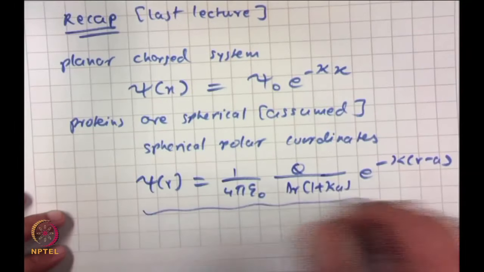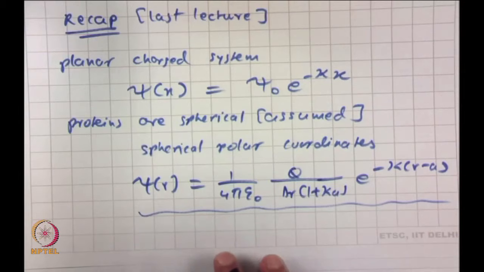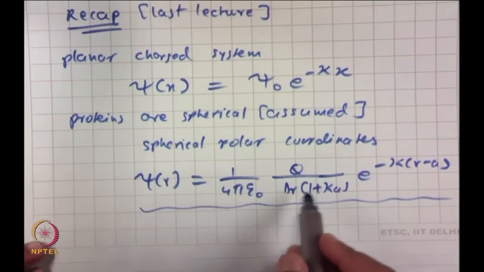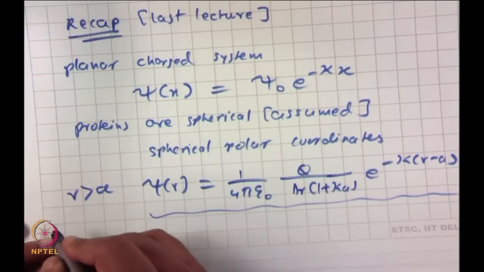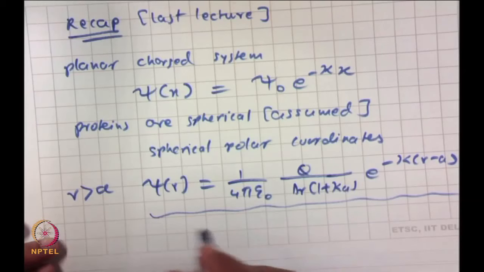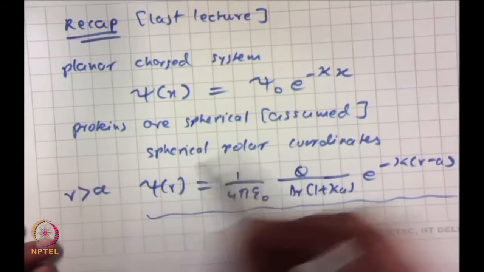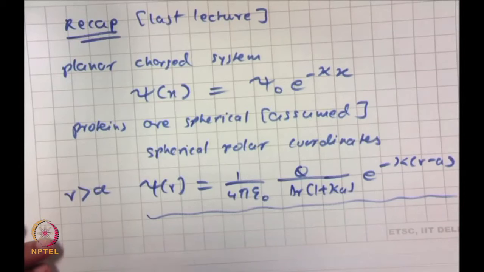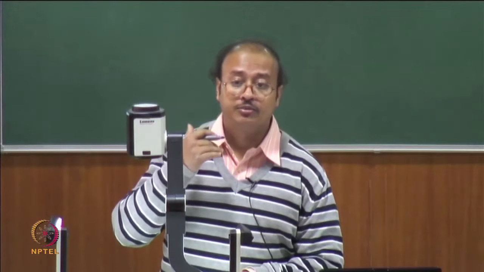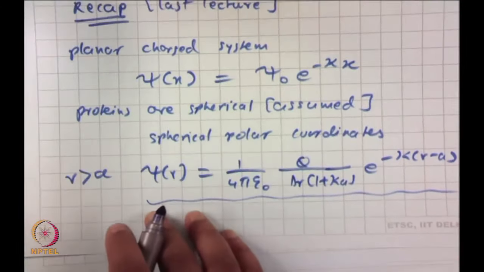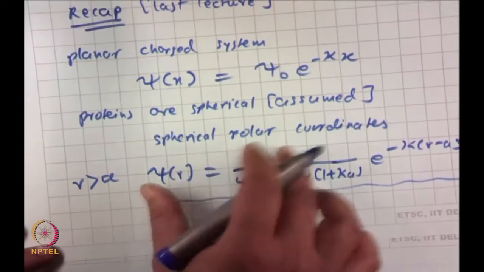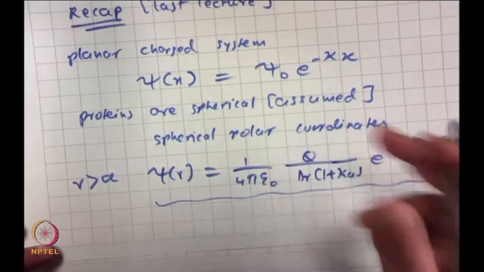So this is the final thing we reached, and here obviously the assumption was r would be greater than a, because this protein is not a point charge, it has a certain dimension, and we are saying the radius of the protein is a. So whatever charges you are looking at is beyond a, because at the surface you have this psi of a, which we also derived.